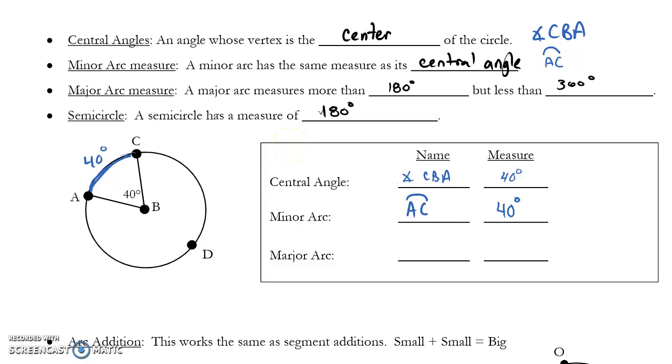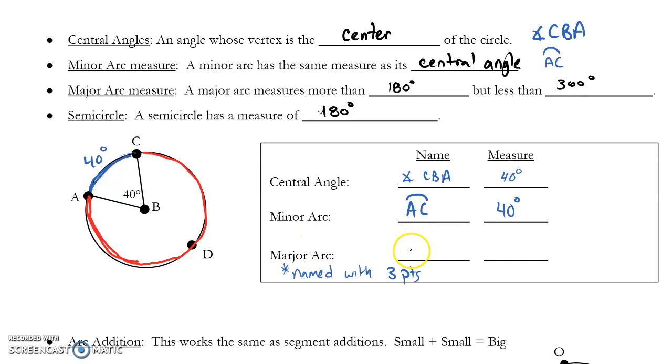In this diagram here, my major arc, and this is important, must be named with 3 points. So if I want to name my major arc, and I'll do this in red, it's this part here. This is more than half my circle. That's the major arc.